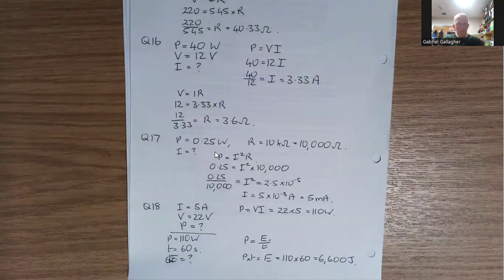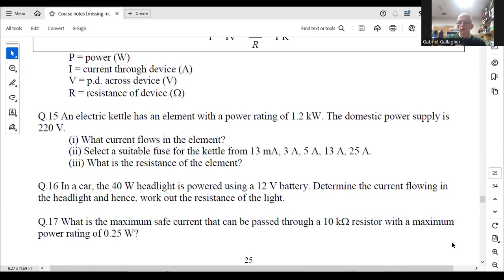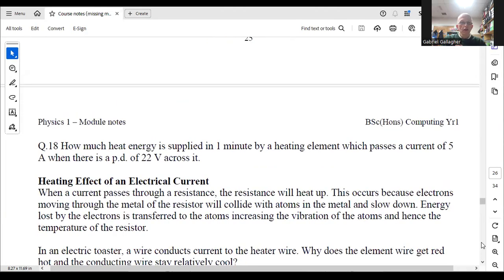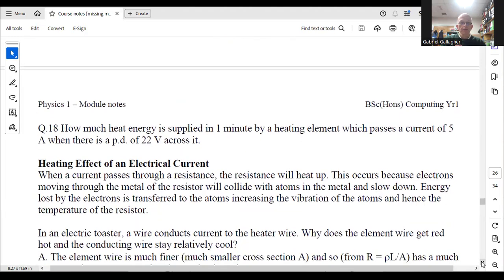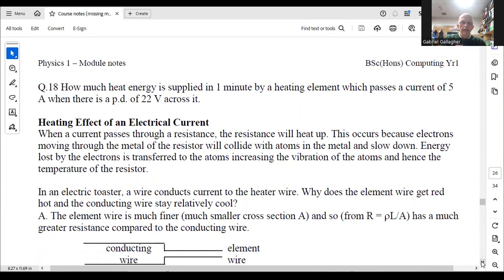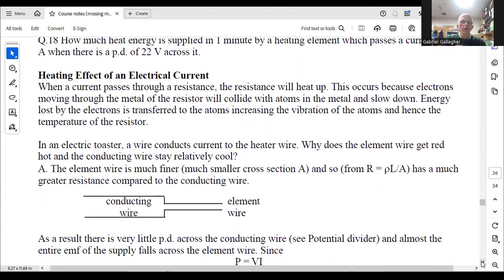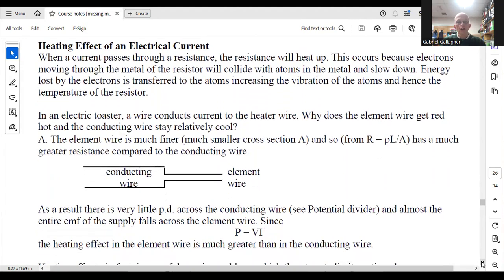I just want to cover one last little bit. If we go back to the notes, when we finish those questions, the heating effect of a current. This is something I've thought about down through the years. In your kitchen, you may have a toaster plugged into the wall.